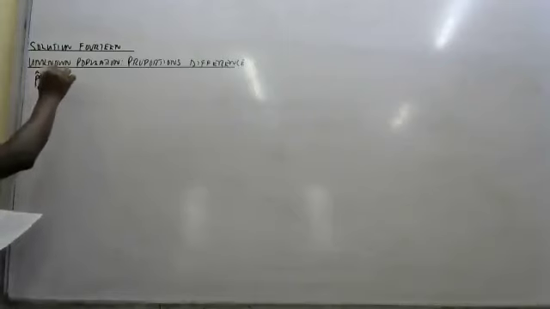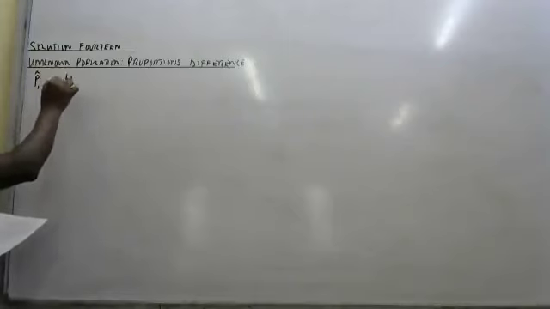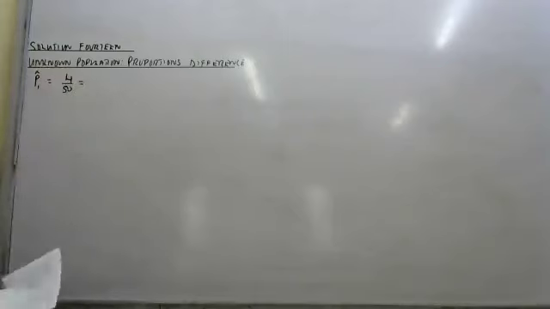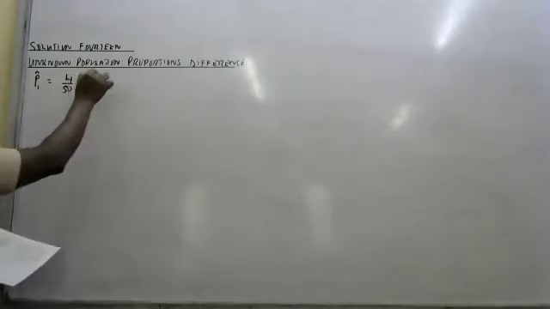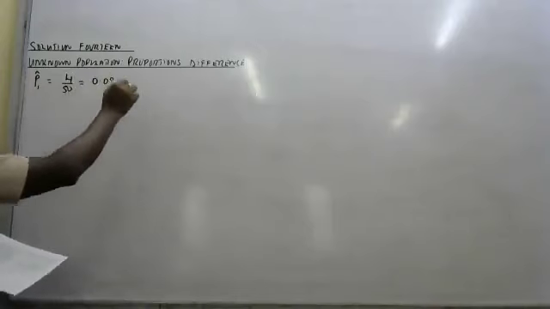So sample proportion 1, we are told they got 4 in a total of 50. If you take 4 and divide by 50, that gives you 0.08.